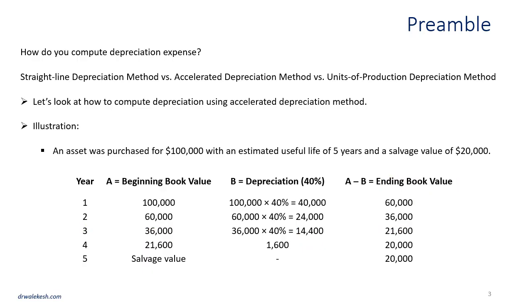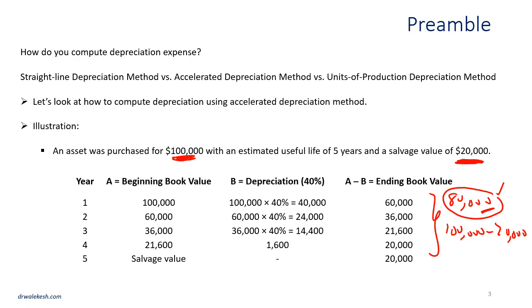It is worth noting that we will only be depreciating 80,000 of this 100,000 since the salvage value is 20,000. How did I get this 80,000? It is 100,000 minus 20,000, which is 80,000, since at the end of year 5, the asset will be worth 20,000.